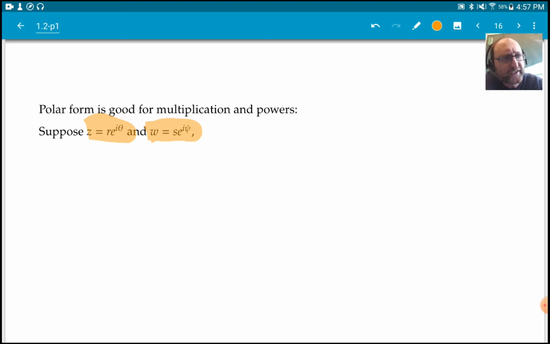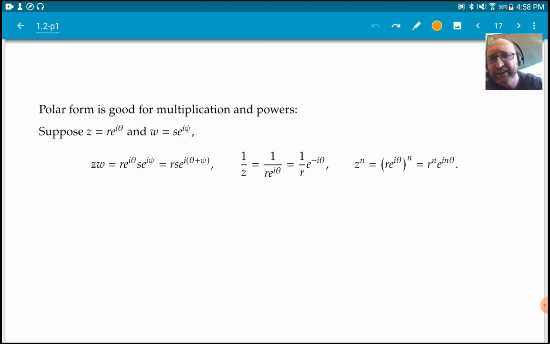Let's multiply them together and use laws of exponents. And we notice that z times w has modulus r times s, and the arguments add.